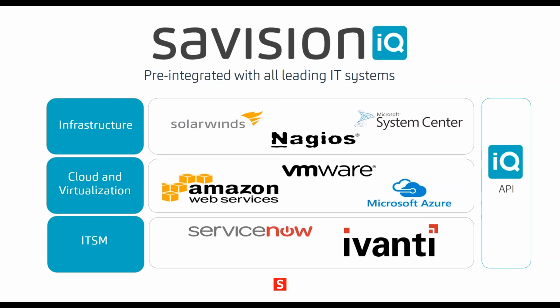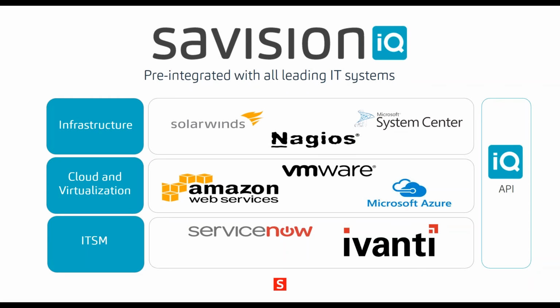We already have a number of integrations for Civision IQ based upon what we see in the market. We know a lot of clients that are using SCOM also have Nagios running, and next to that SolarWinds as well. Nagios primarily for your Linux environment, SolarWinds for networking.